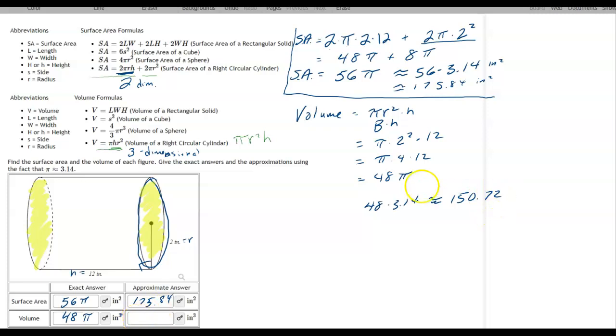That would be in, of course I didn't write it, but this should be in cubic inches, because basically this 2 squared is really 2 inches times 2 inches times the height of 12 inches. So we have inches times inches times inches, which gives us cubic inches. So it's 150.72 cubic inches, and that is it. I hope you found this video helpful.